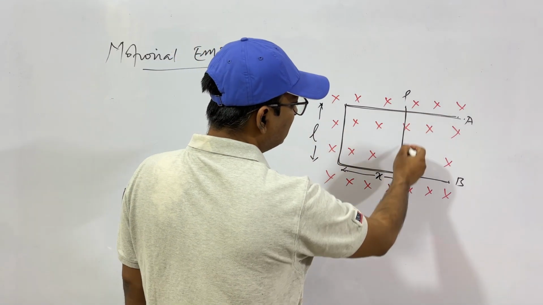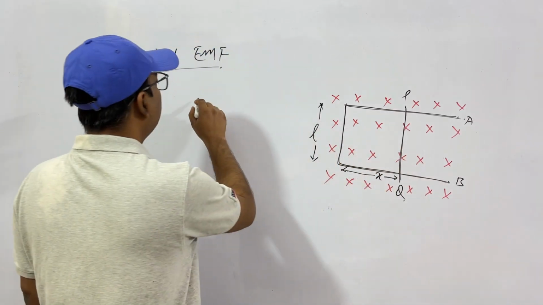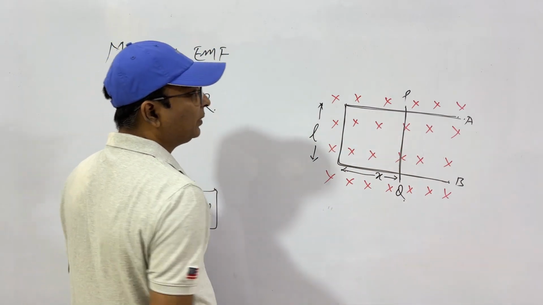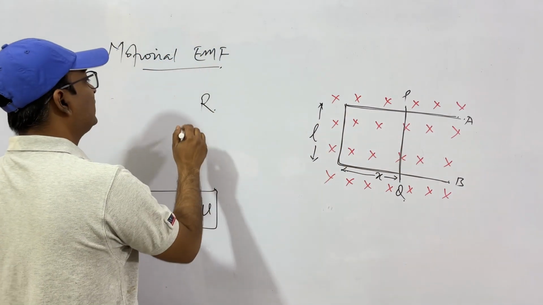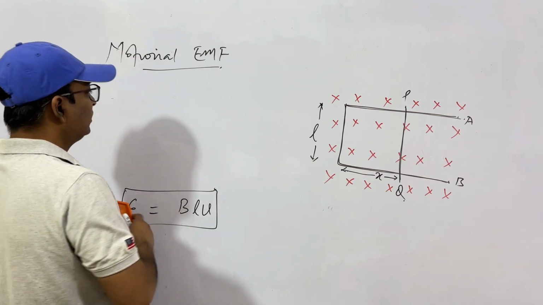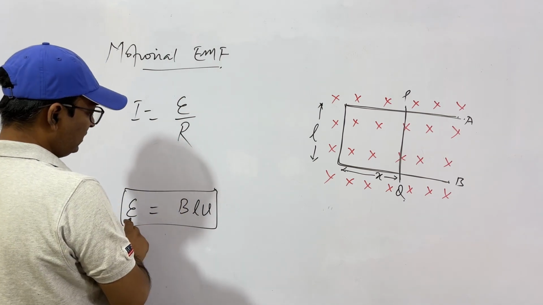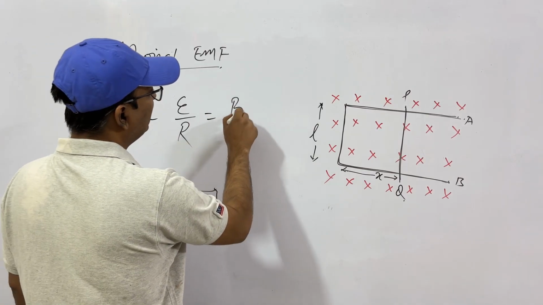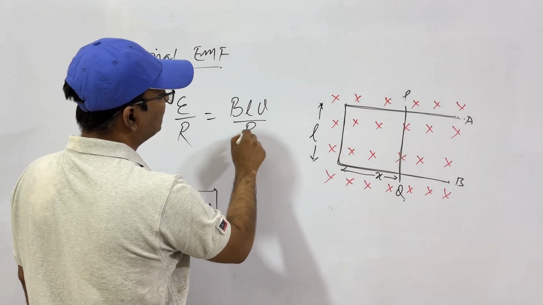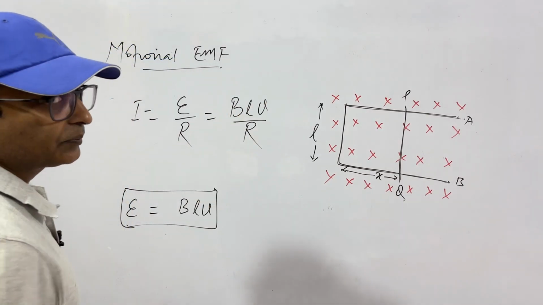The only resistance is in this rod. Let that resistance be R, the resistance of PQ, and we know electromotive force is this. So current induced will be E by R, and E is BLV. So BLV by R is the current in this circuit.